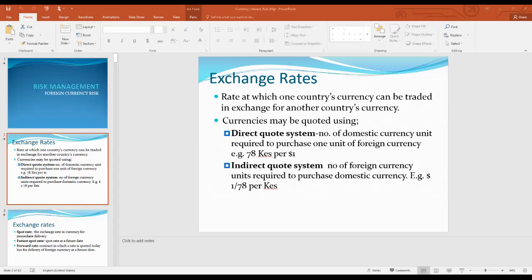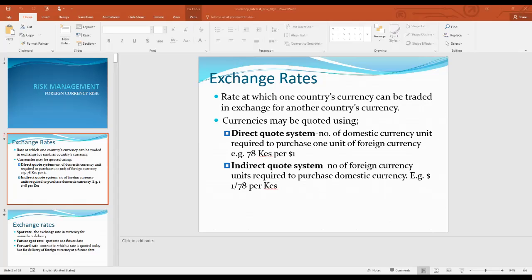Generally, there are two quotations which we can have in the market, which we call the direct and the indirect. If you have a quotation where the home country currency, in this case the Kenya shilling, is quoted as the price currency, and the foreign currency is what we are buying or selling, then we refer to that as the direct quotation.